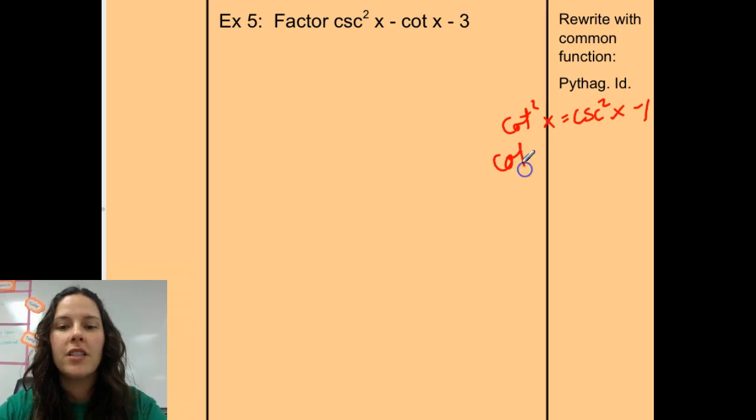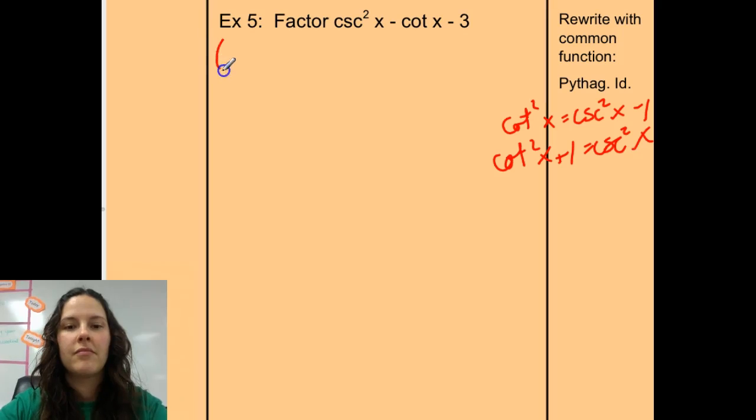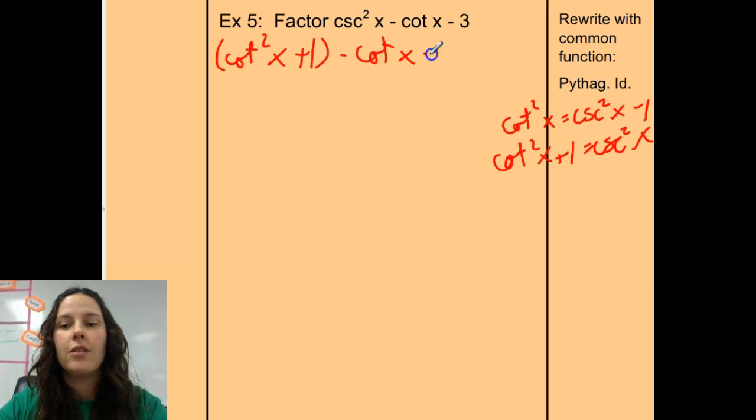So if I add 1 to both sides, I get cosecant squared is cotangent squared plus 1. So we're going to substitute that in. And then we have one trig function that we can use to factor this one.